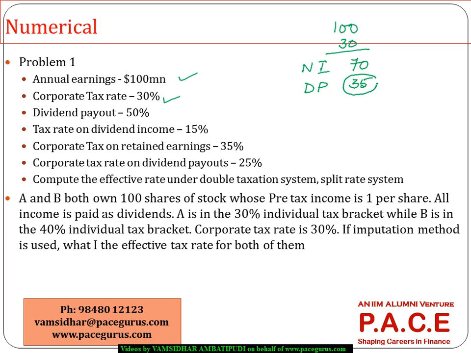And out of this 35 million, the individual has to pay a 15% tax on it. So the tax that the individual is paying is 15% of this, which is 5.25 million. So the benefit the individual gets out of it is only 29.75 million, right?